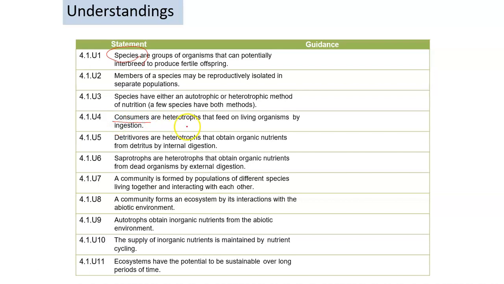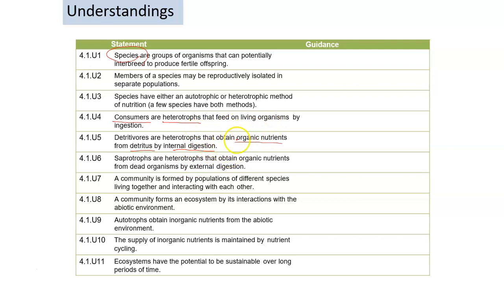If they are consumers, which we call heterotrophs, what type of heterotroph they are: feeding on organisms, or obtaining organic nutrients from detritus or by internal digestion. So the mode of nutrition gives the heterotrophs different classifications.